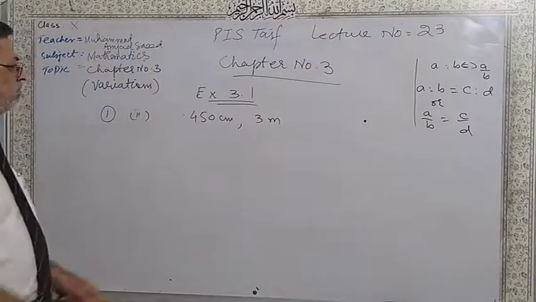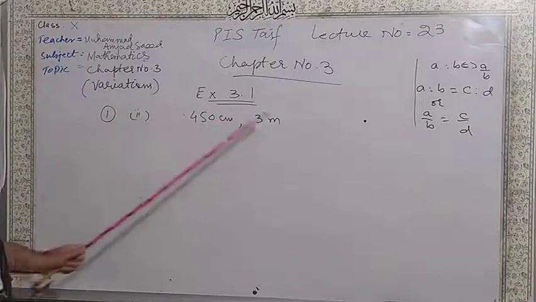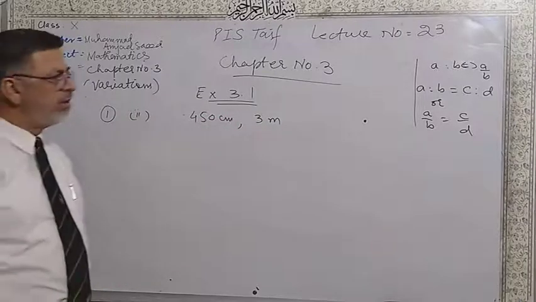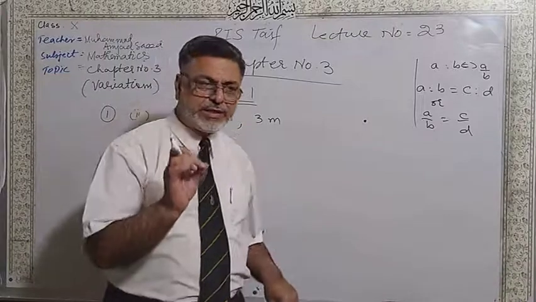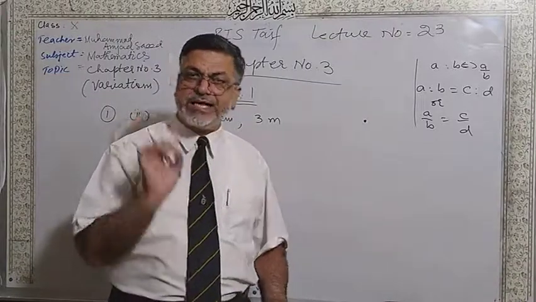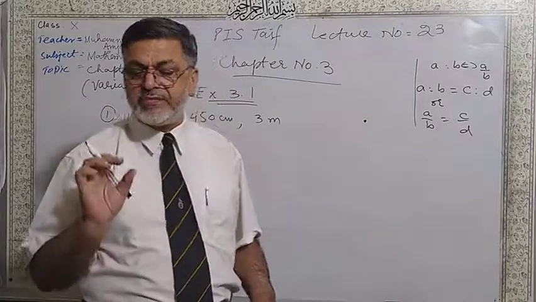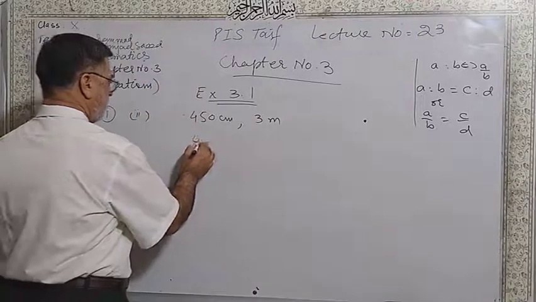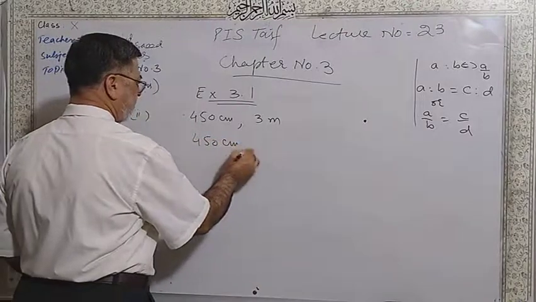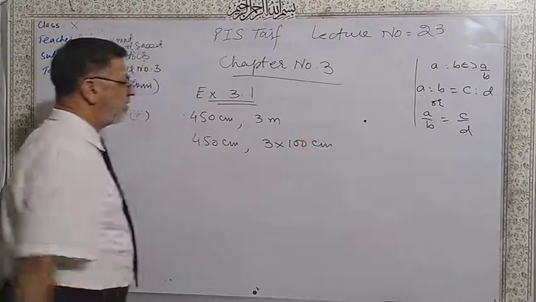First of all, you must know that whenever you solve a question on ratio and proportion, the quantities must have the same units. Remember that here is 450 centimeter and 3 into 100.